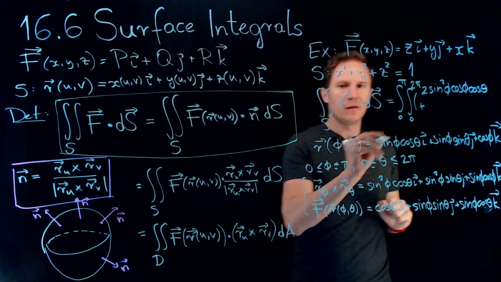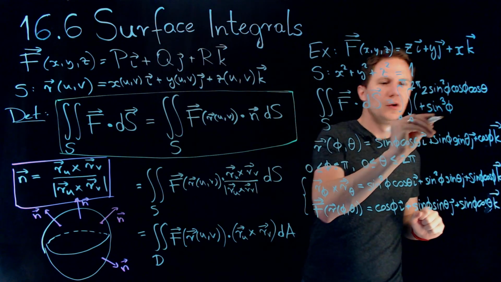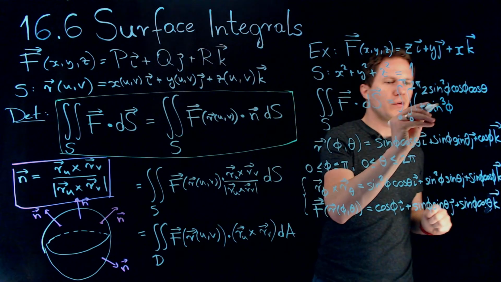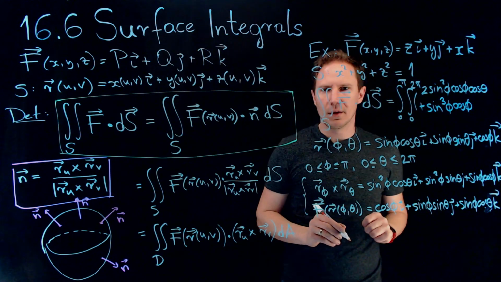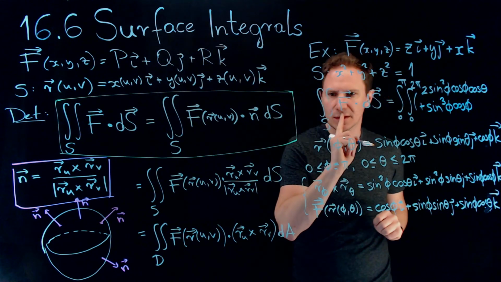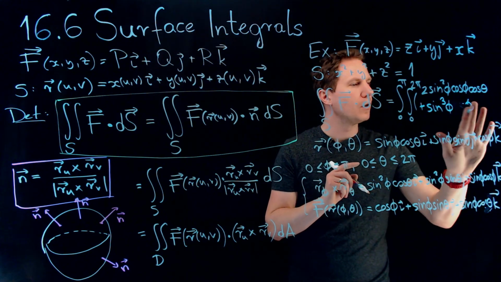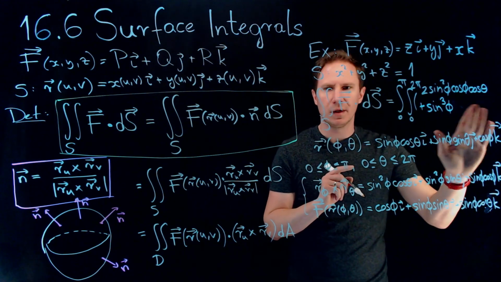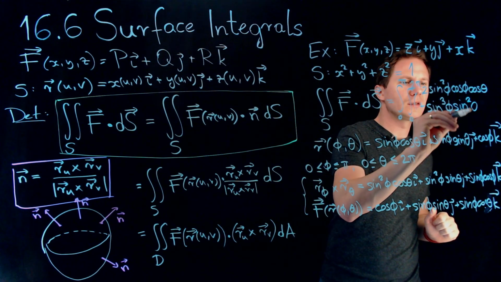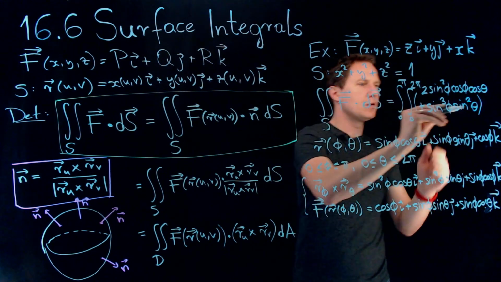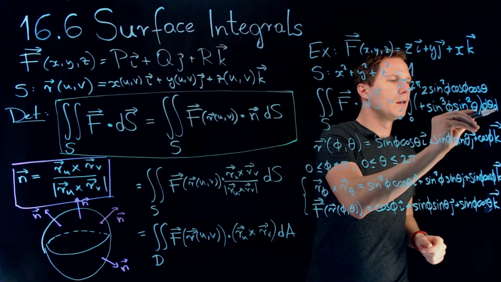Then we have the sine cubed of phi times the sine squared of theta. Sorry, it's the sine of theta squared that we have there.